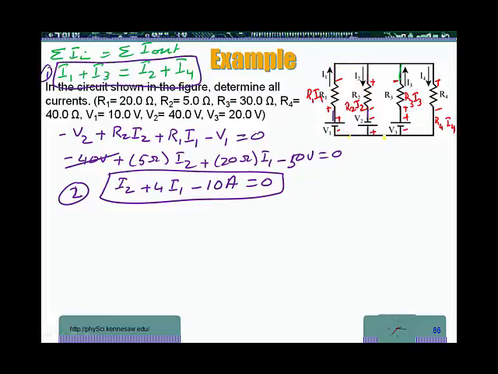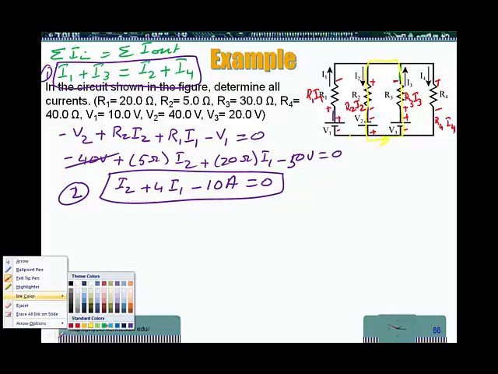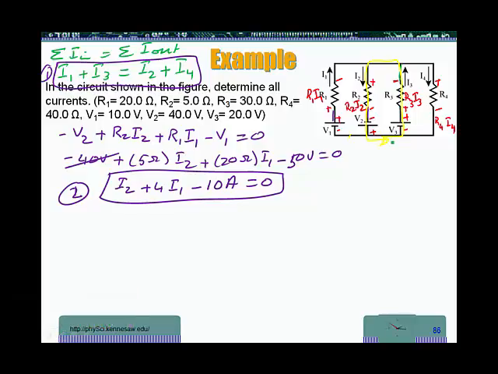For the second loop, let's do the same thing, starting at the bottom here and going around this way, counterclockwise. Let's use a different color pen. I'm going to go for green this side. So now, first thing, we meet the negative of V3, so we're going to have an increase in electrical potential, plus V3.